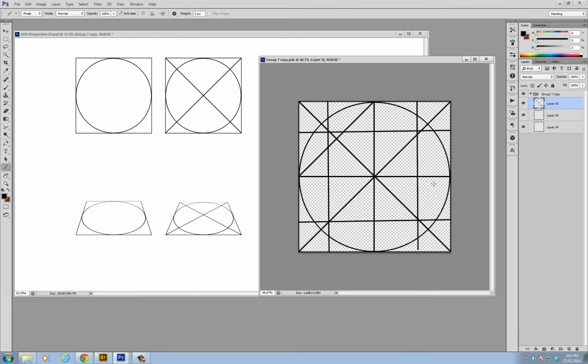We want to divide it up like that. So this is what I'm doing, but I'm just going to try and do it as accurately as possible. So we're dividing it up into four edges along here.